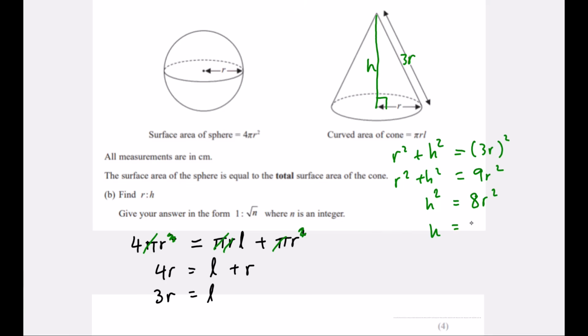H is root 8 times R. What do I need? The ratio of R to H. So H is equal to root 8 times R. So when R is 1, H is root 8. So that's the answer, 1 to root 8.